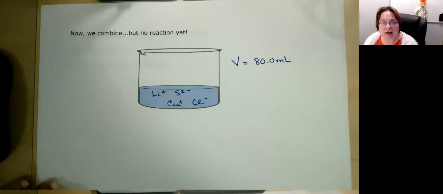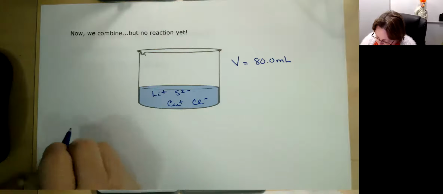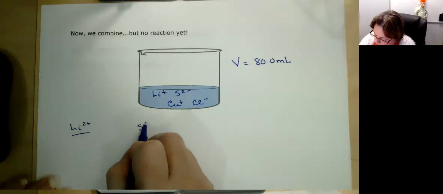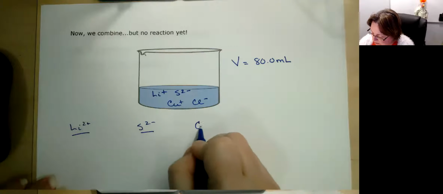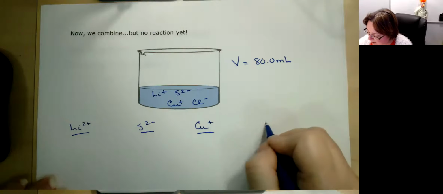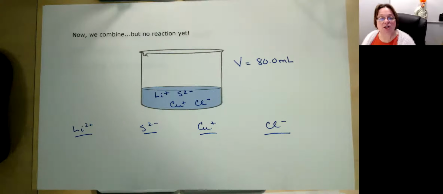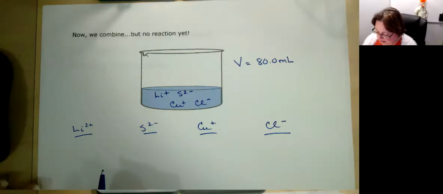So we have to account for the fact that those concentrations we had on the previous page have all been diluted. So we can do a dilution calculation for each of our ions to see what's happened to them just by being combined into this bigger volume. They've got more space to run around in.